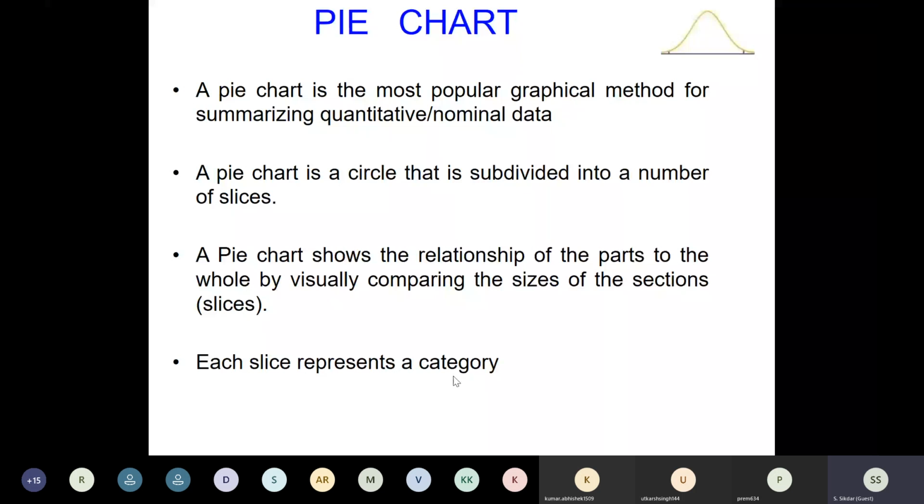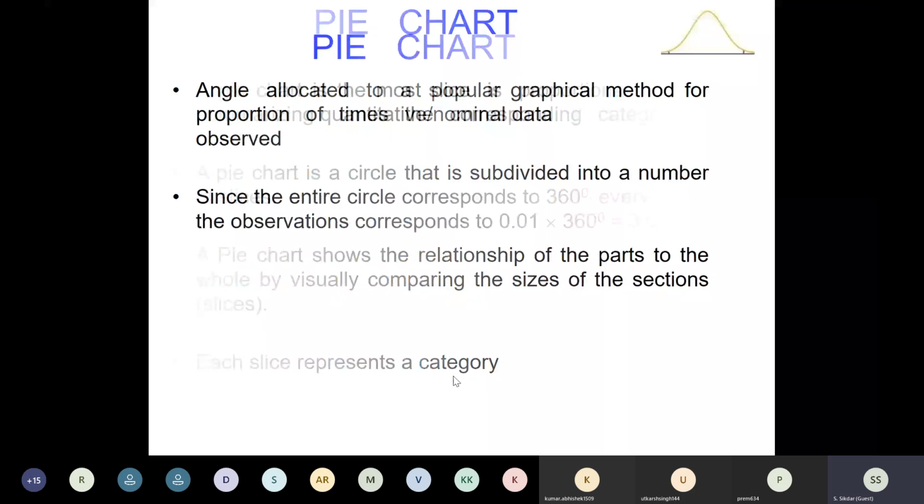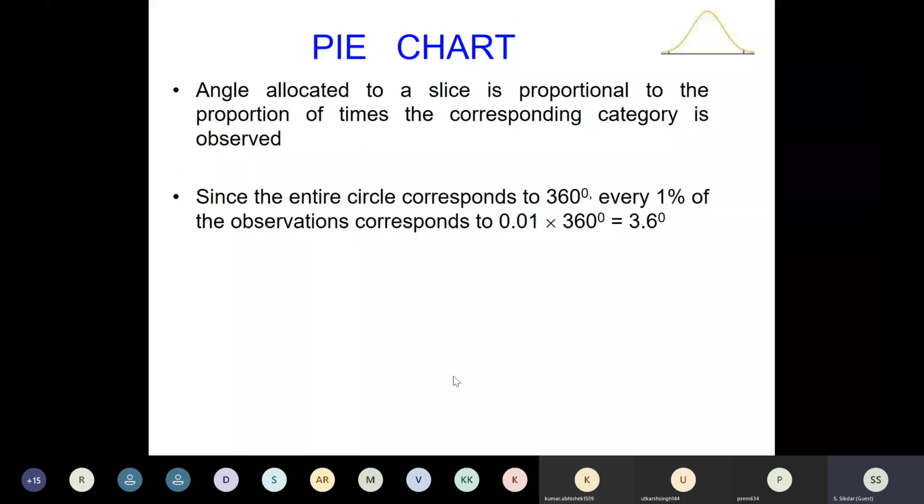Whatever it is, as per the size of each slice, each slice will get some allocation. There will be an angle, which will be proportional. The angle allocated to a slice is proportional to the proportion of time the corresponding category is observed.